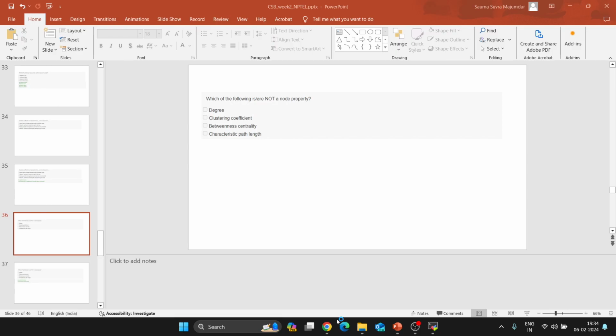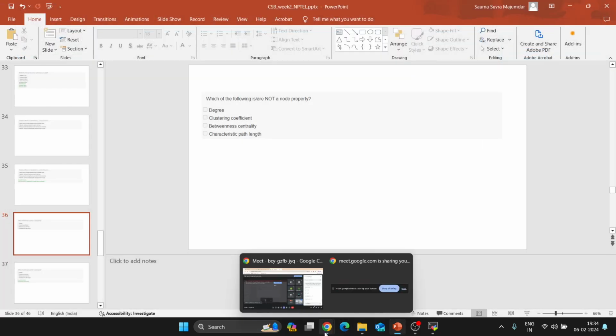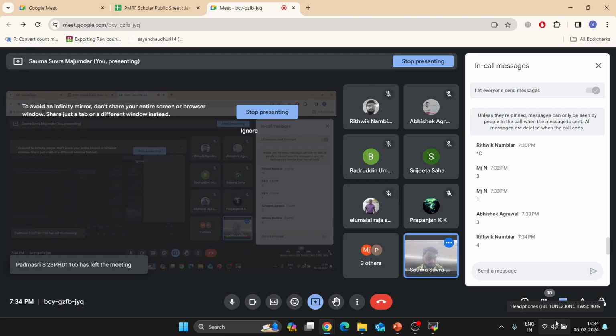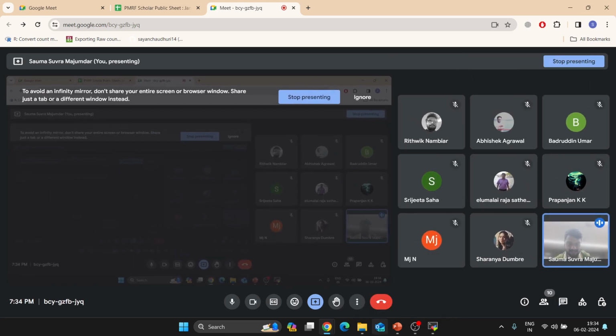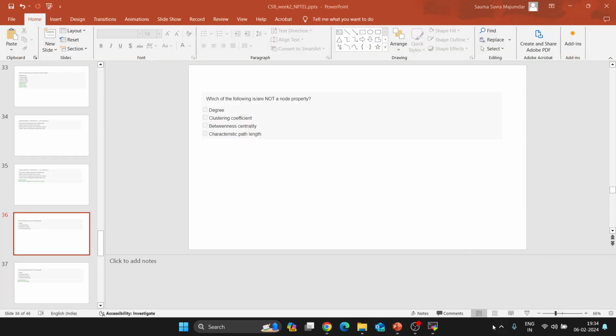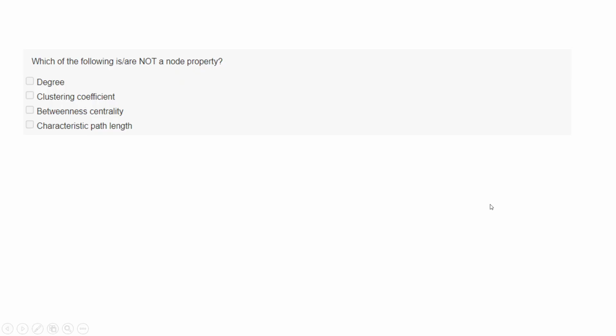Let's see if we have answers. Three different answers. I'll give you another minute. Okay, so the answer is characteristic path length.